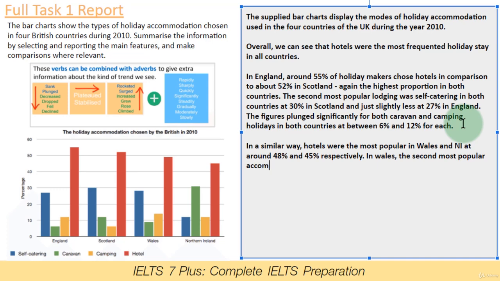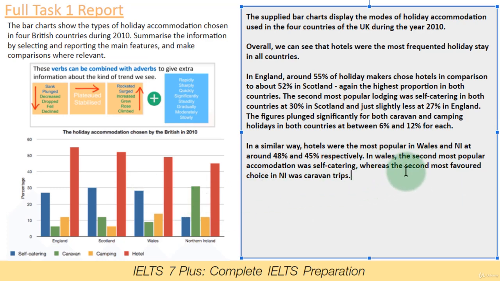The second most popular accommodation was self-catering, whereas the second most favoured choice in Northern Ireland was caravan trips. I'm using paraphrasing here, I don't want to say second most popular again.